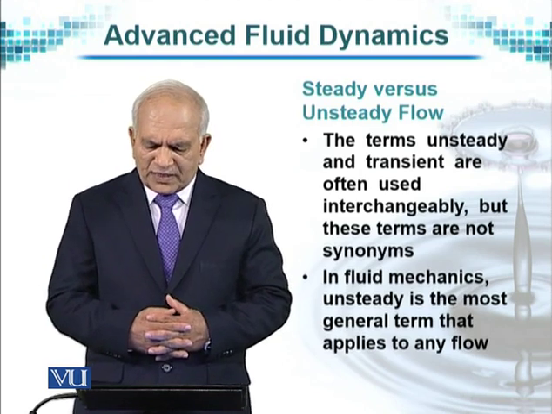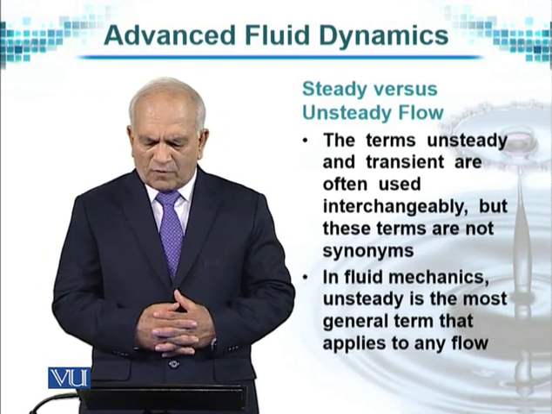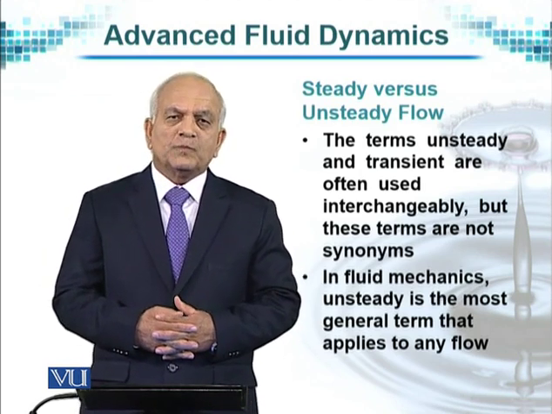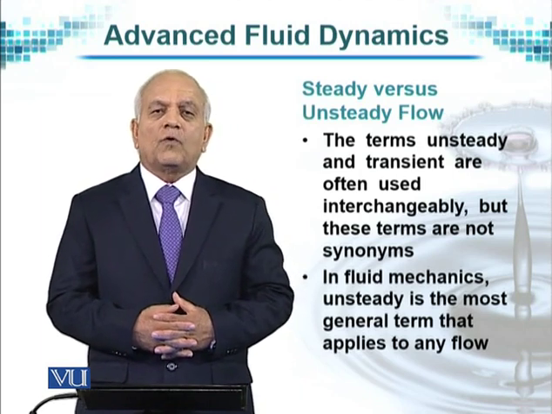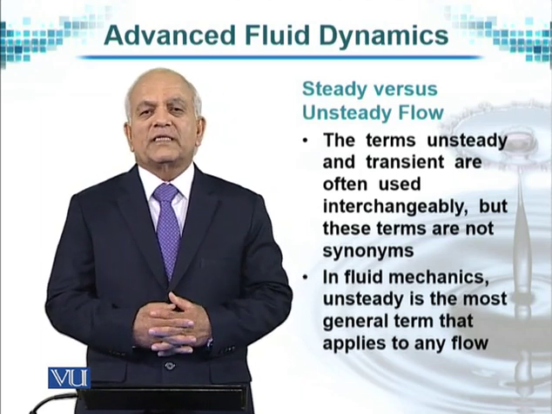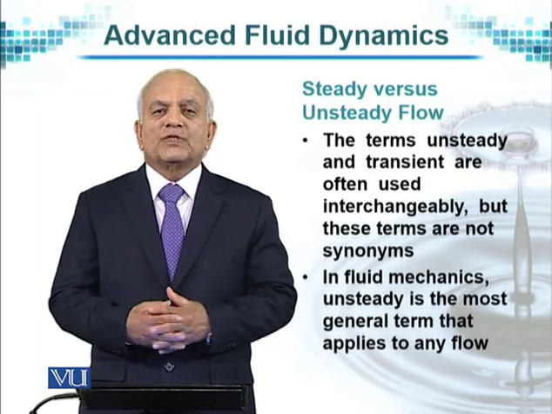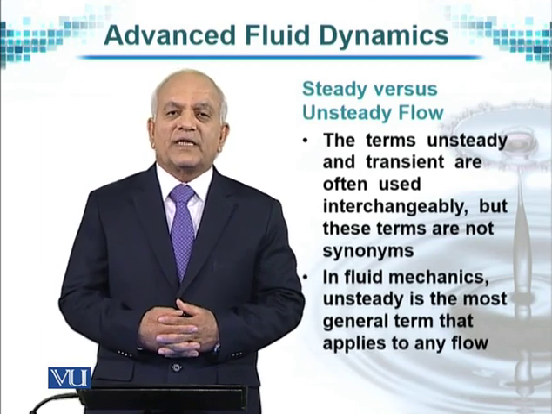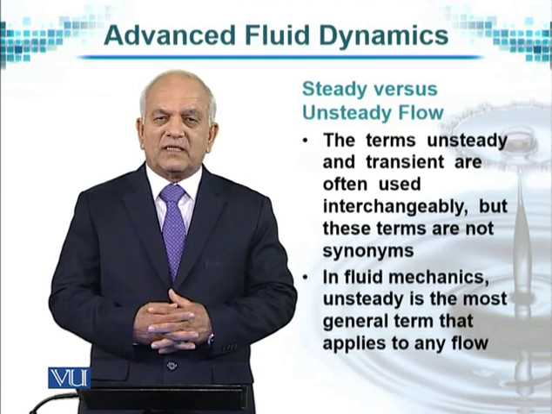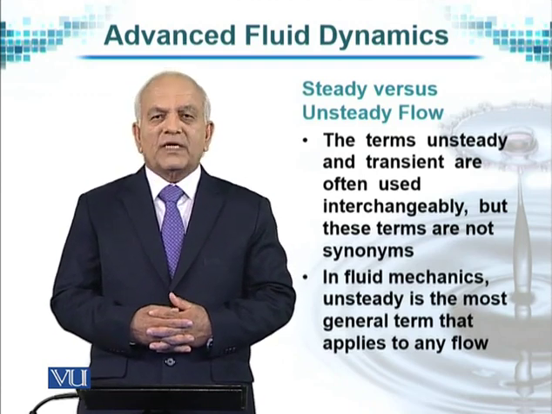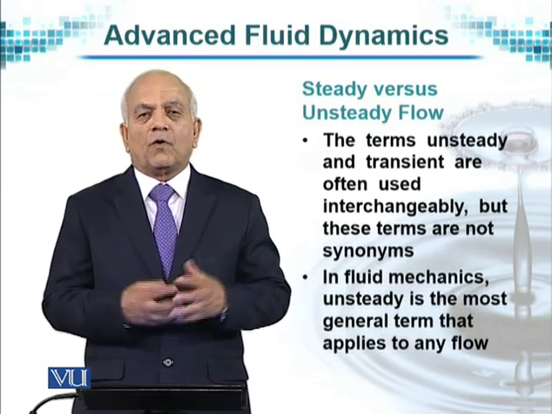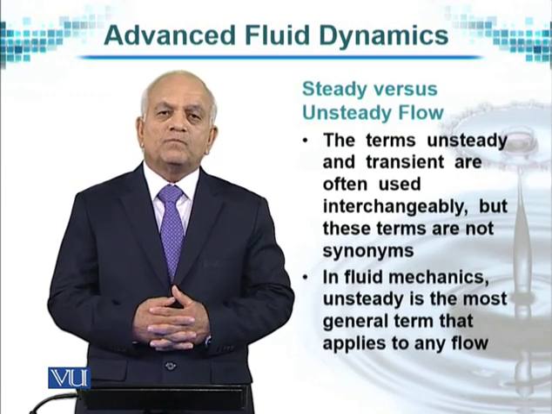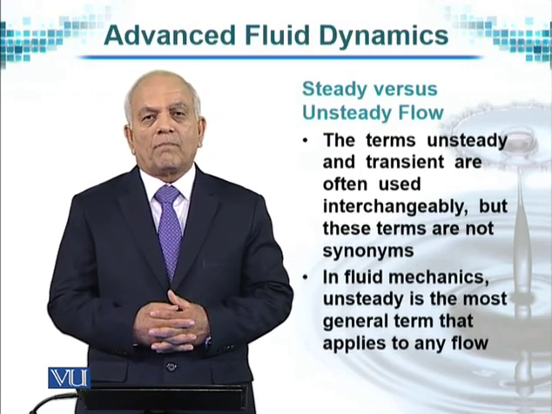The terms unsteady and transient are often used interchangeably. Sometimes the transient flow, because it is changing, is also considered unsteady, but they don't have exactly the same meaning. Unsteady flow will be a flow that keeps changing all the time.